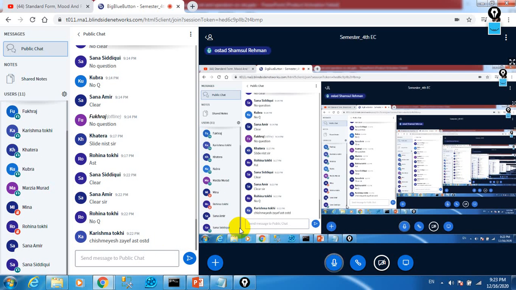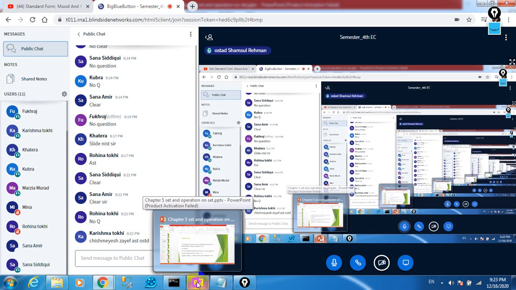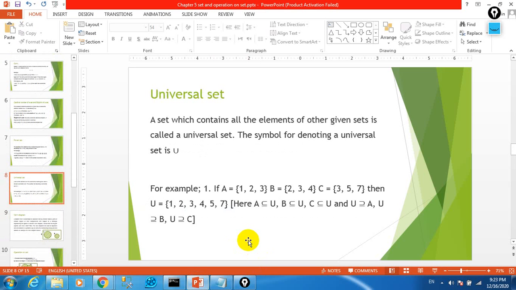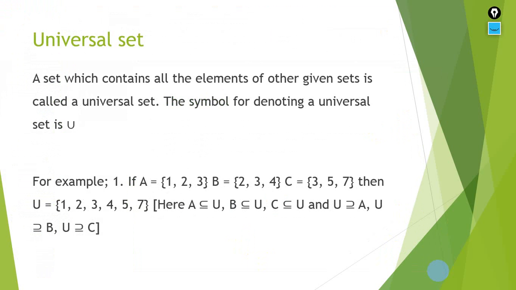Okay, I think it's clear. Next we have the universal set. It's also very important for solving questions of probability.